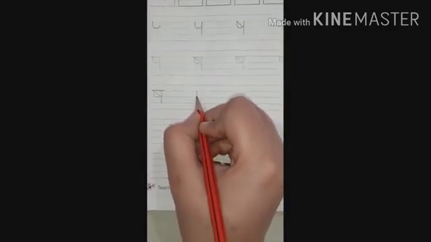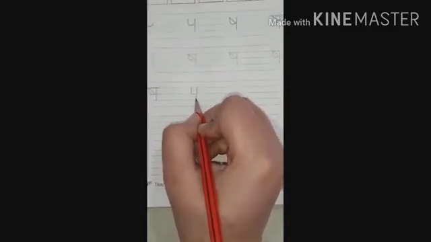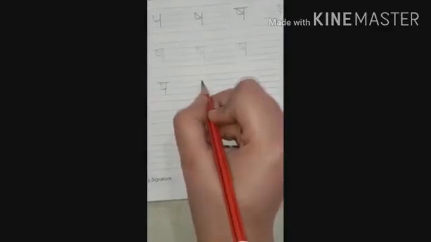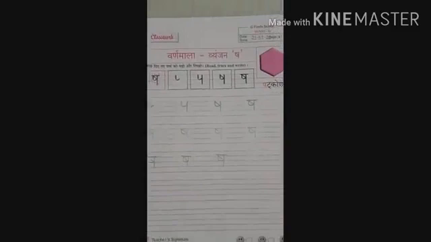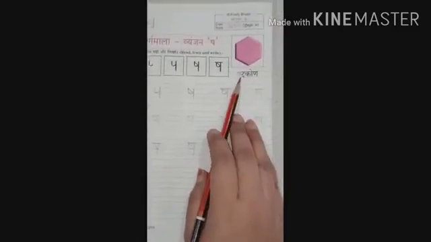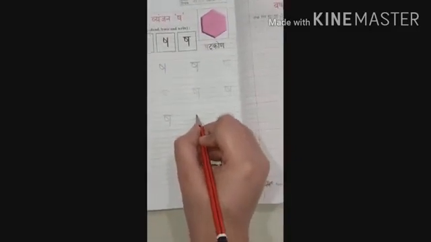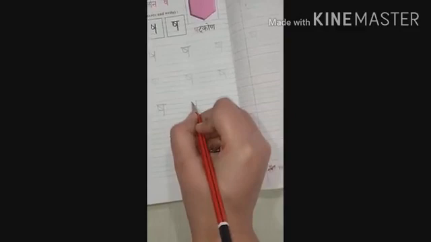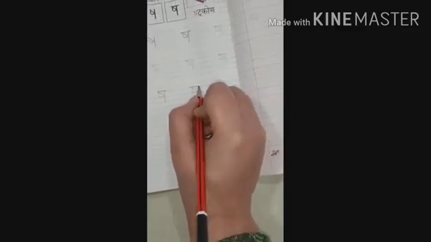First one curve, standing line, slanting line, sleeping line. Like this you have to make षट्कोण. Look again. Curve, standing line, slanting line, sleeping line.